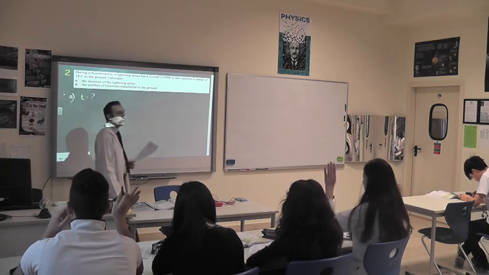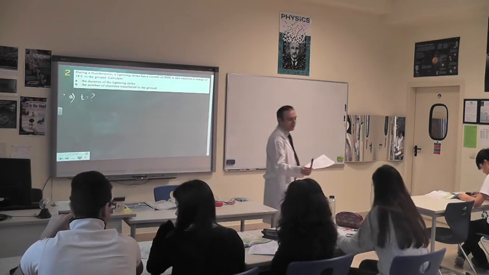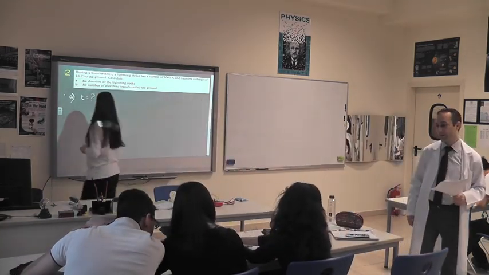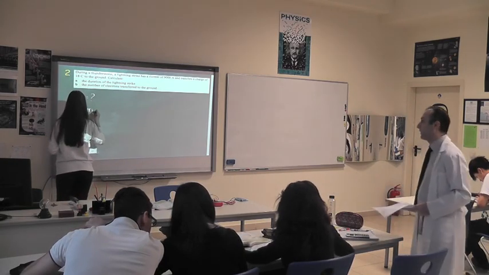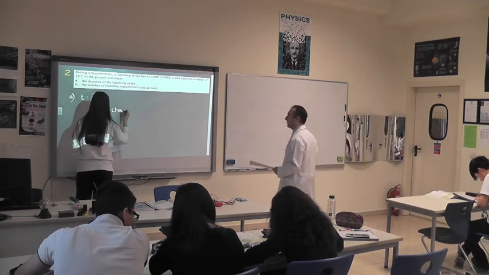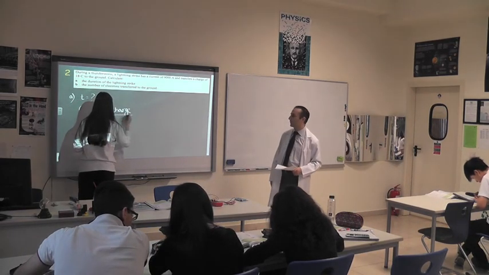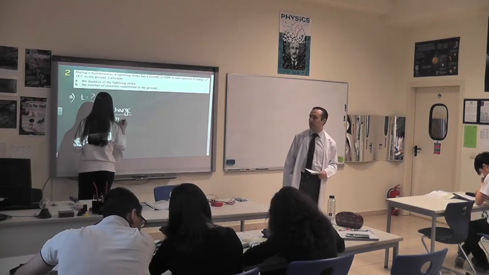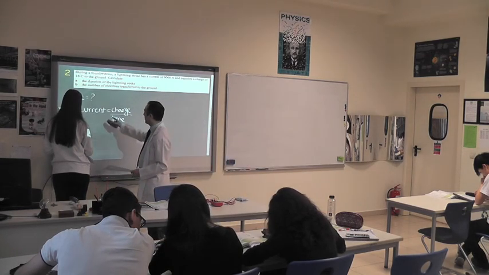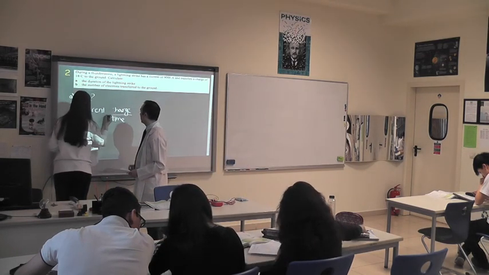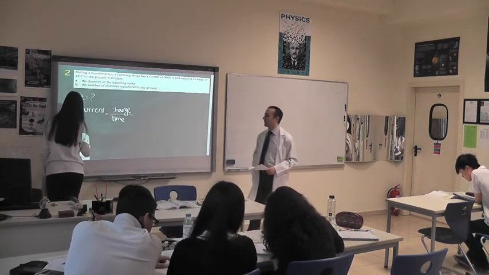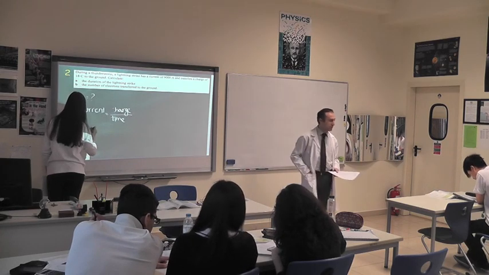Who wants to do this one? Okay, on the board. There's the question there, you can do it. I need to use this value to find the total. You can use that one. Current equals charge over time. We can put that. You can place that equivalent sign here, right? 9,000 amps.